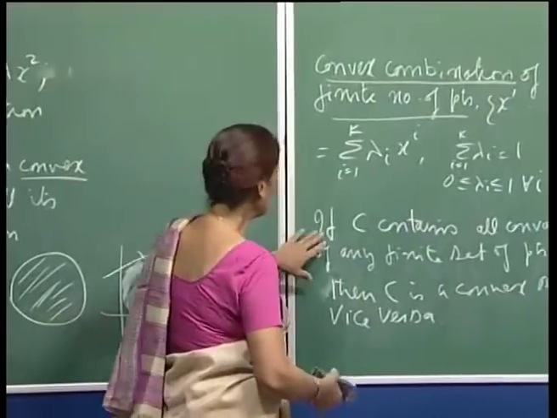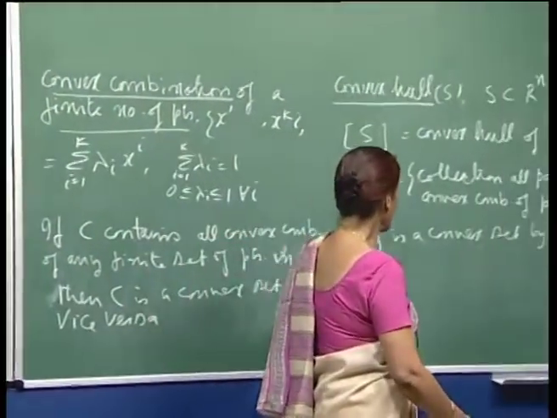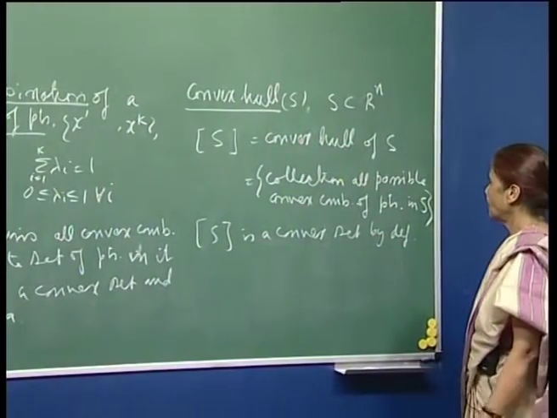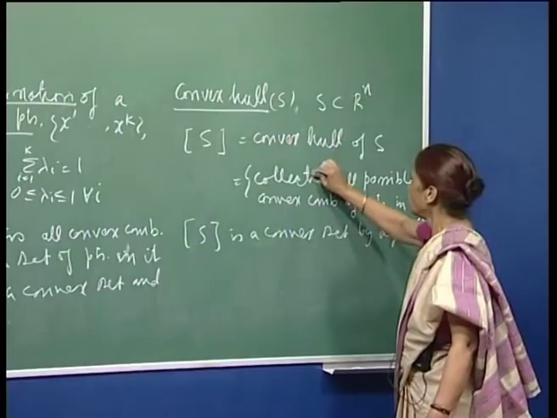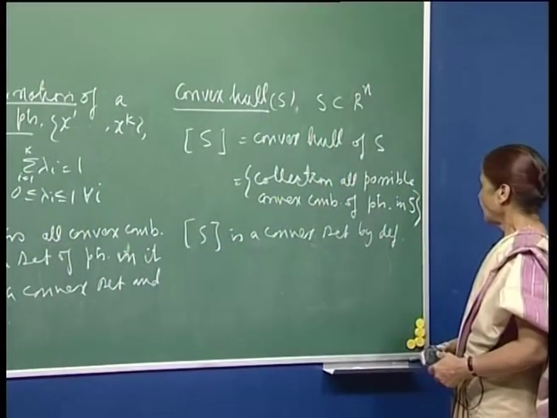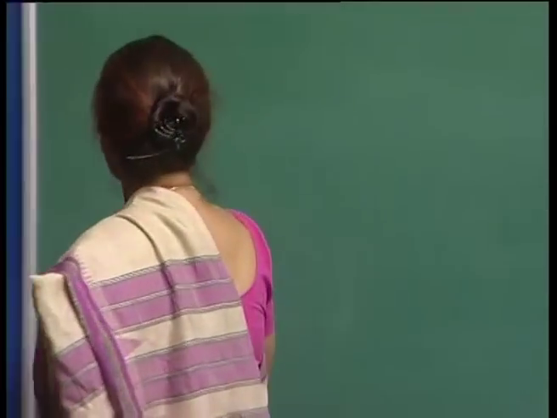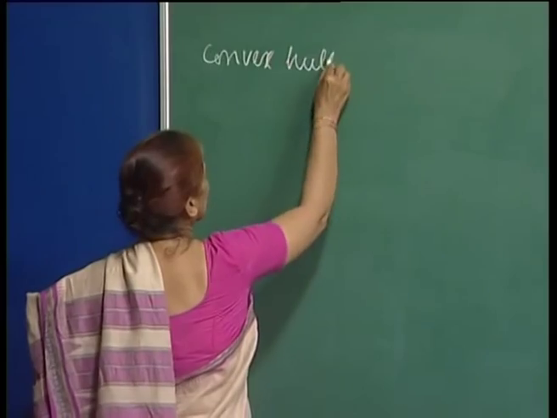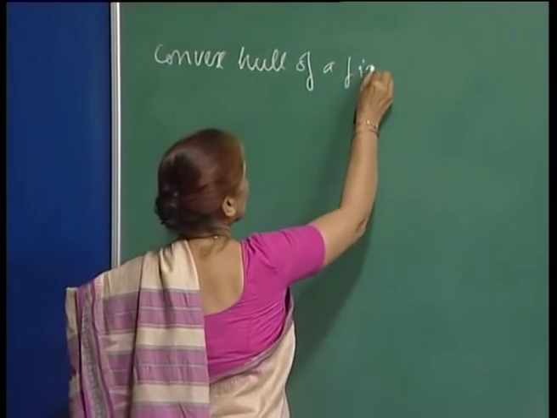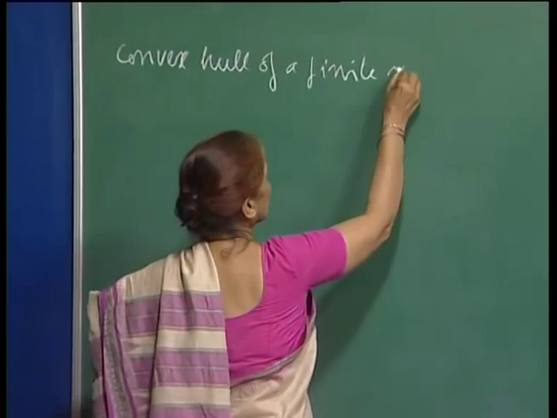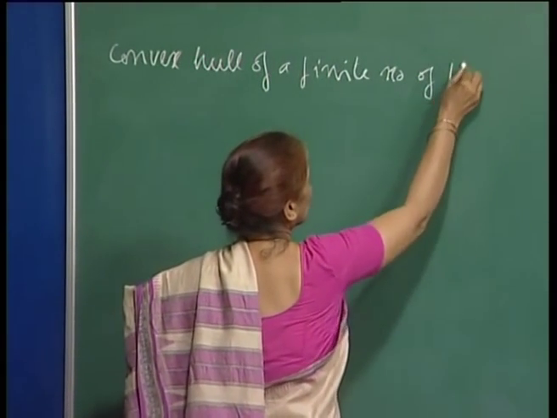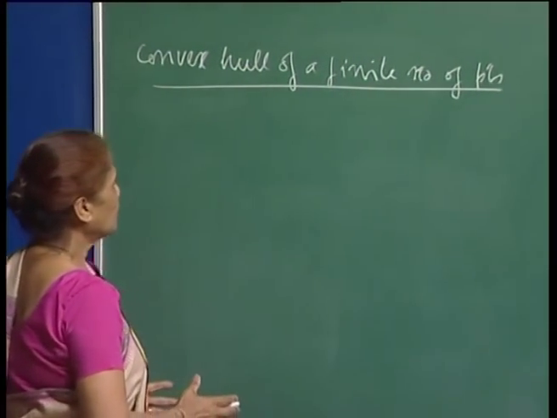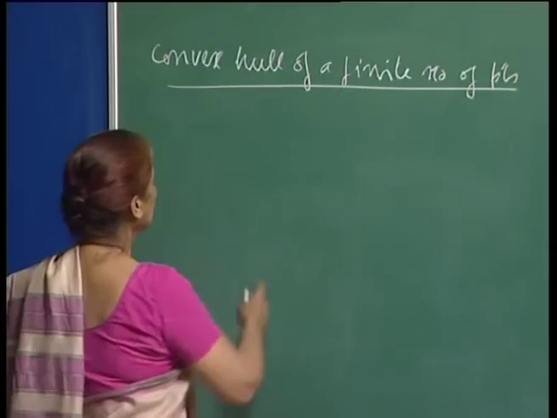I used this to prove this, and now because of this result, we can say that this is a convex set, by definition or by theorem or whatever it is. This is a convex set, and for the convex hull of a finite number of points, we would want all possible convex combinations to be within the convex hull.